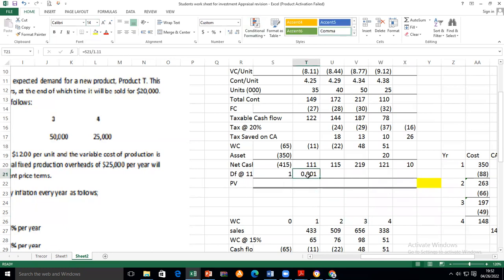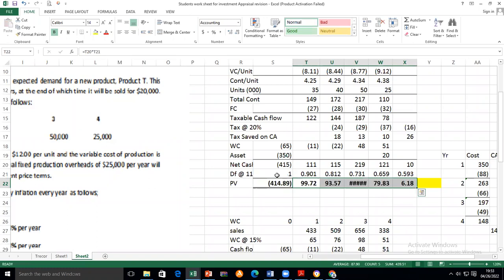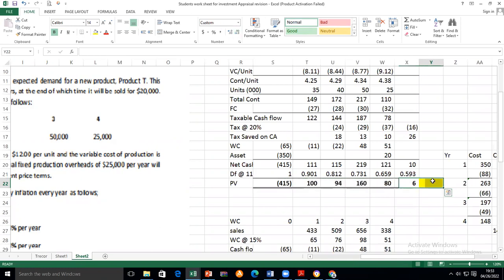Then we start discounting that by that. Then we come there. Let's round off our answers.